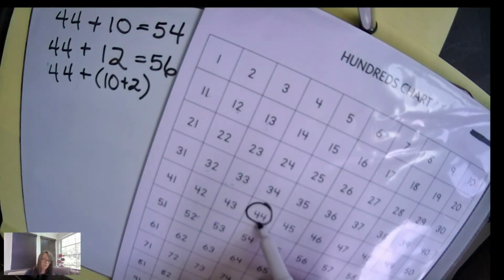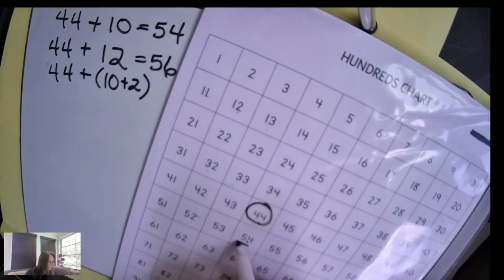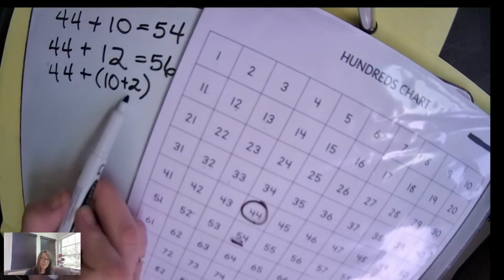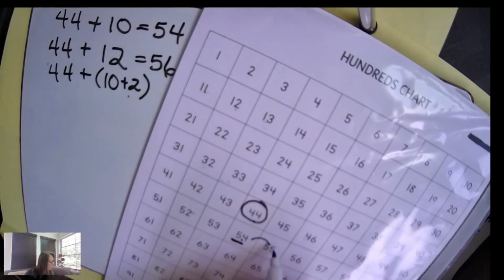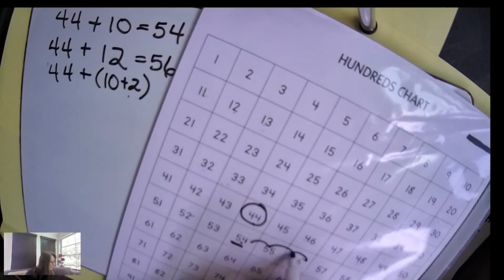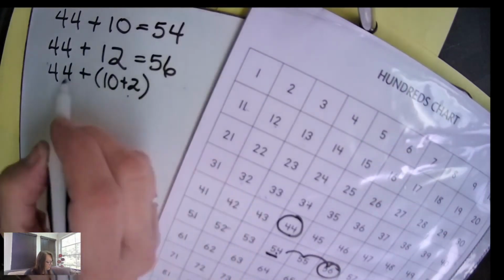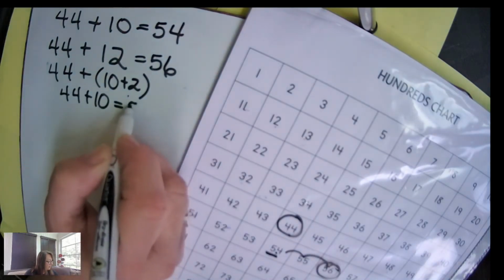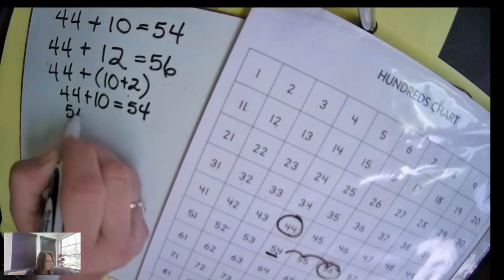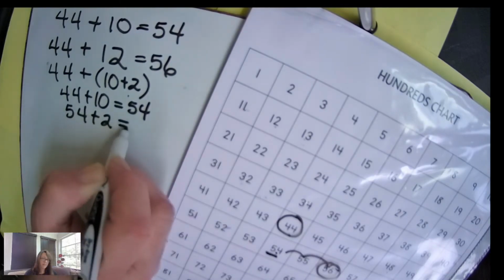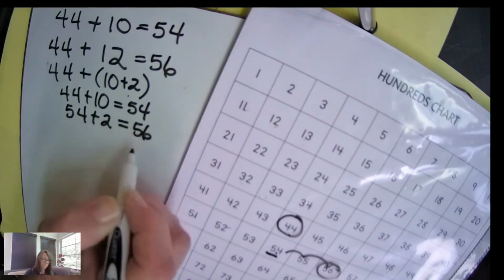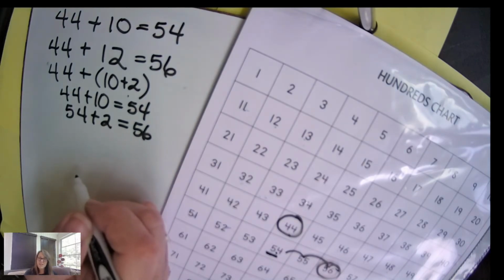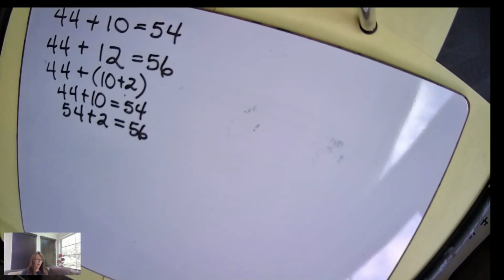So 44 plus 10 more is 54, plus 2 more, 1, 2, is 56. 44 plus 10 more is 54, and 54 plus 2 more is 56. Very good. Good use of the hundreds chart. Are we ready for the next problem? Great.